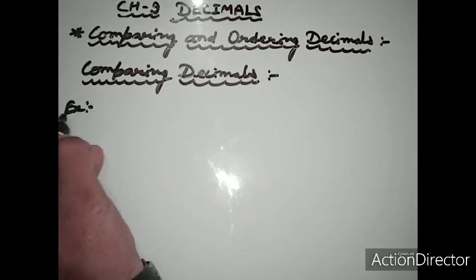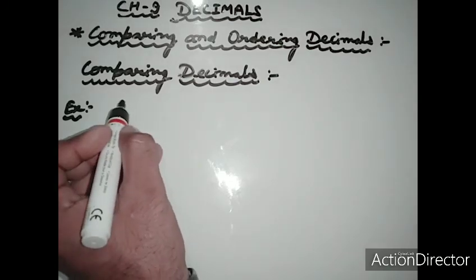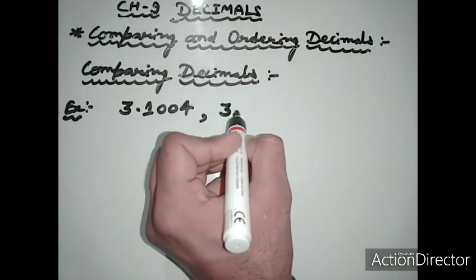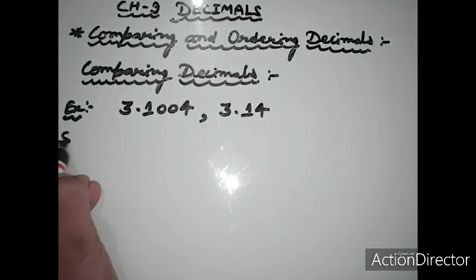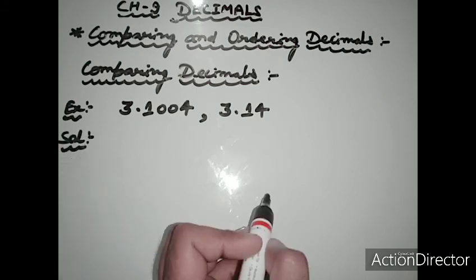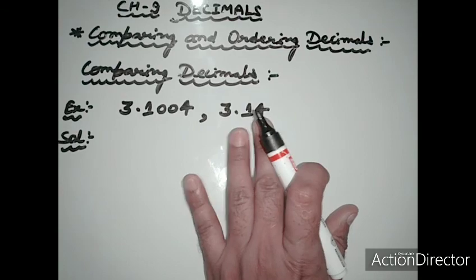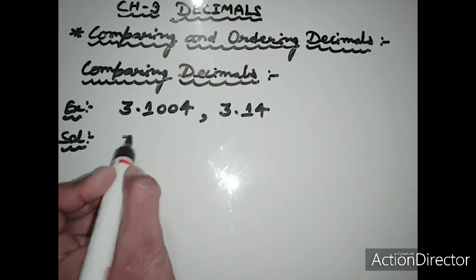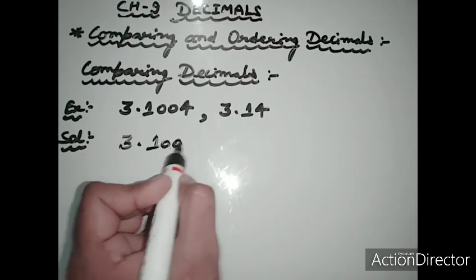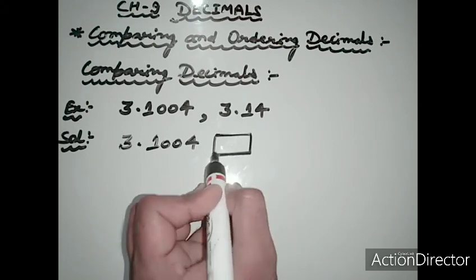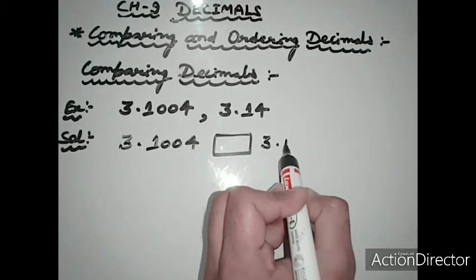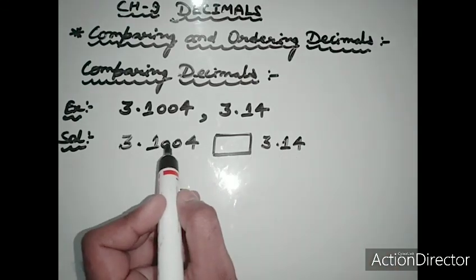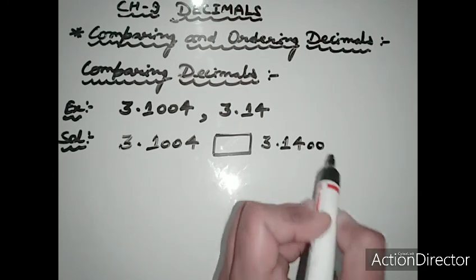Now here we take one example, like 3.1004 and 3.14. Now we compare these two decimal numbers. First we convert these two decimal numbers into like decimals. So first we write 3.1004, and here we increase the number of zeros in the second decimal number: 1 2 3 4, 1 2 3 4.